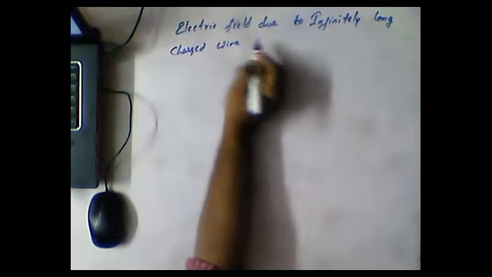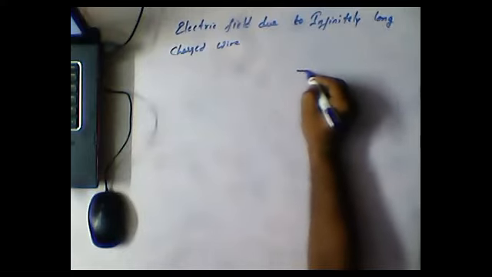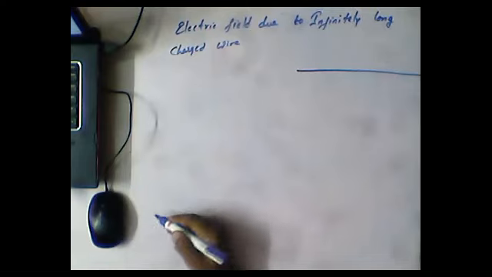Just before, we discussed only the finite wire, which has a finite length, but right now we are going to discuss an infinitely long wire. An infinitely long wire means it does not have any end.